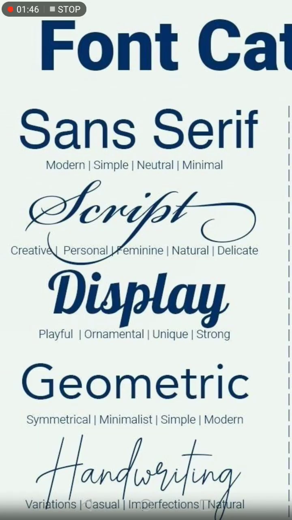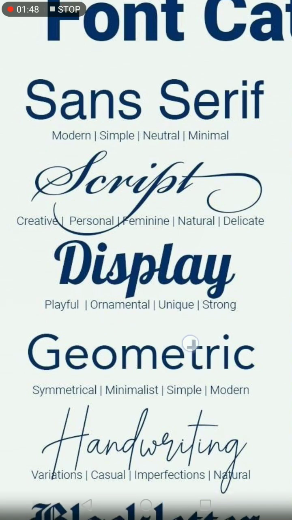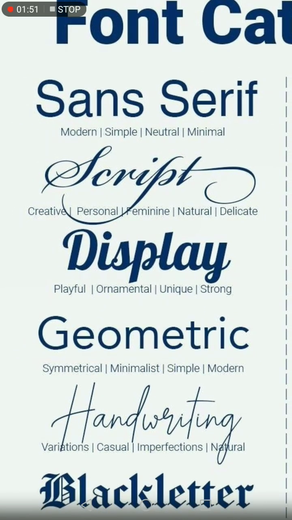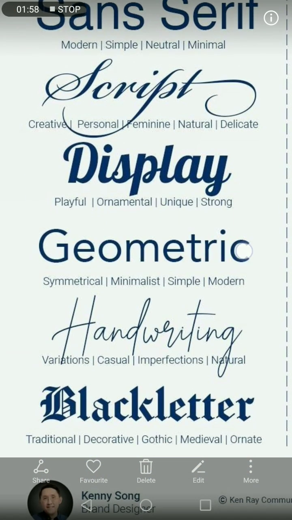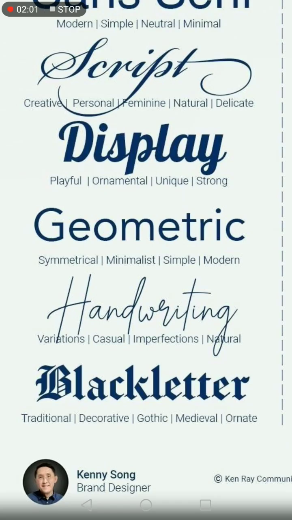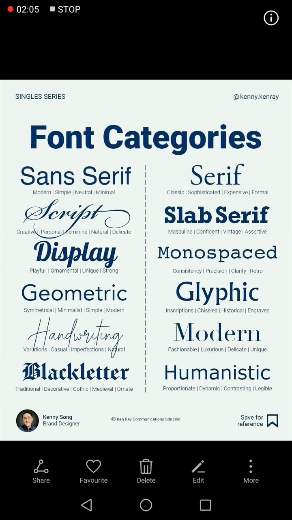The other types of fonts that we have are scripts, which are just like signatures. They are stylish in nature. Then we have what we call handwriting. This is also another type of font. These are the main types of fonts that you're going to be seeing most of the time when you're designing.